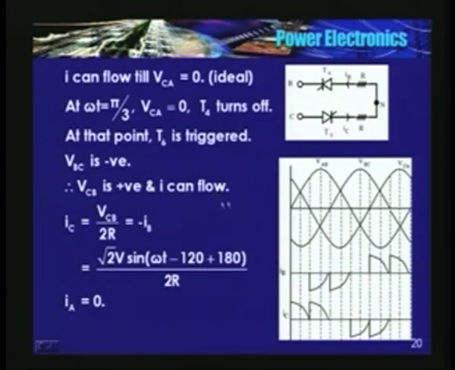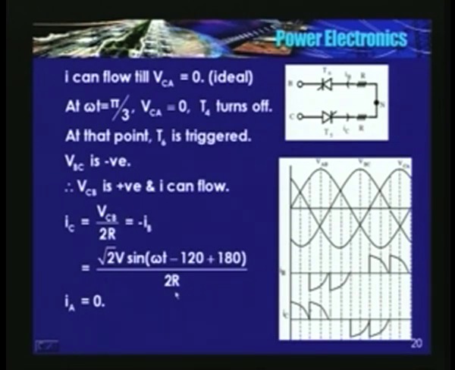And what is that current? IC is equal to minus IB equal to VCB divided by 2R. Now VBC is Vm sin omega t minus 120 degrees. For CB I am adding 180 degrees because we have defined AB, BC and CA.